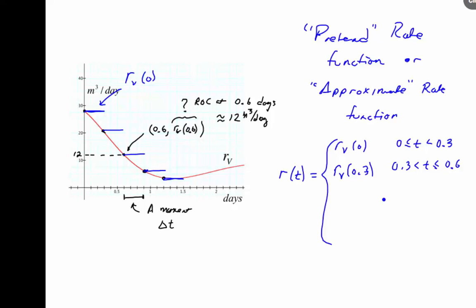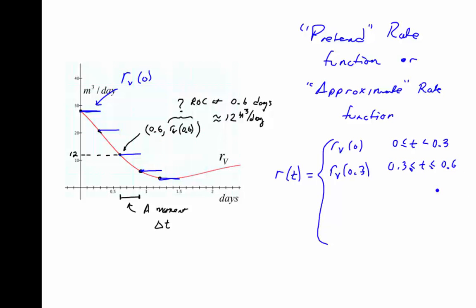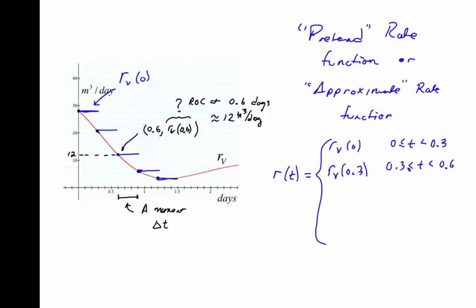What's the rate at 0.3 exactly? At 0.3, I had it R sub v of 0. So I want to include it with this line instead. See, so when t is 0.3, I want it to be there. So I had the equals and the non-equals backwards. Does that make sense, according to the way we drew the graph?